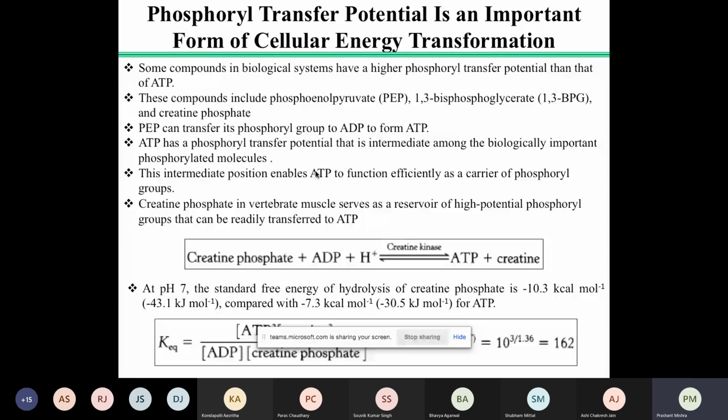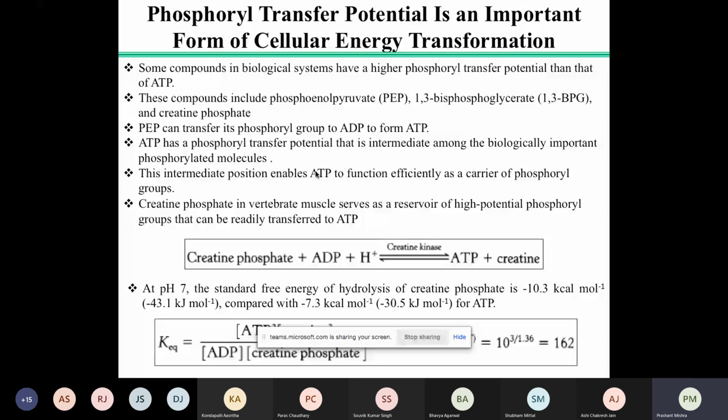Now, whenever such a reaction happens, some energy is going to be wasted. So where does this energy go? It becomes heat energy. So whenever there is coupling, some amount of energy is lost, but still the loss is less. Suppose instead of minus 7.3 kilocalorie, I have minus 12 or minus 20 kilocalorie per mole, a lot of energy will be wasted.